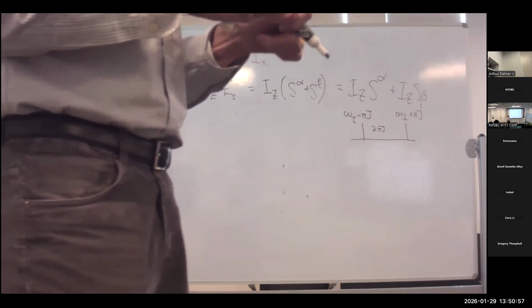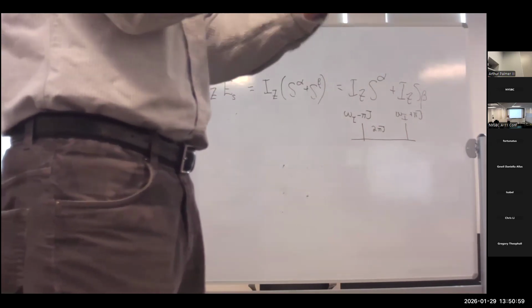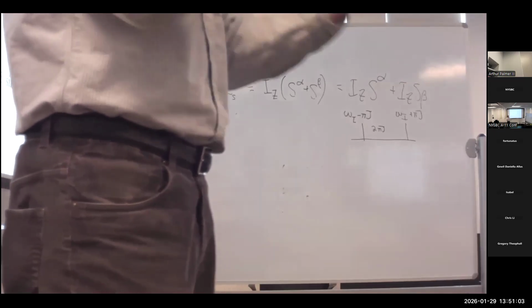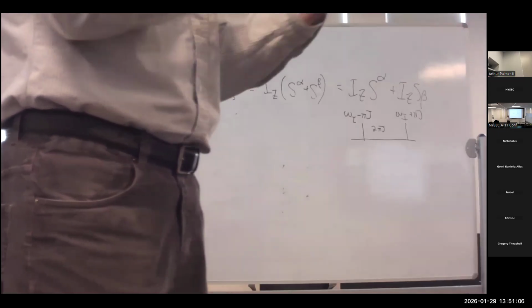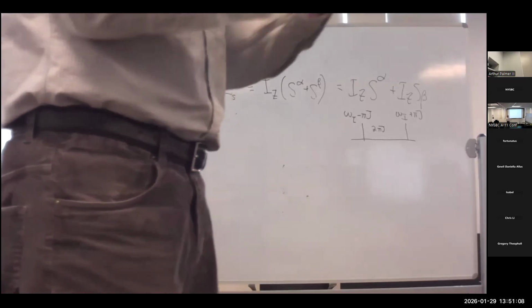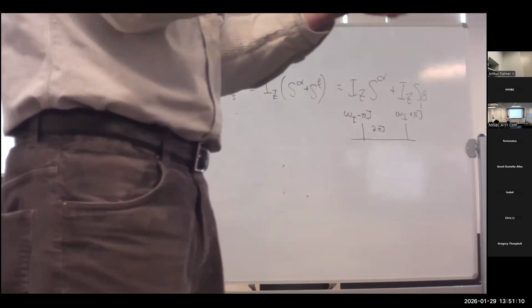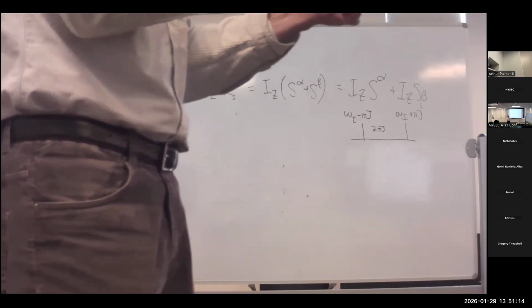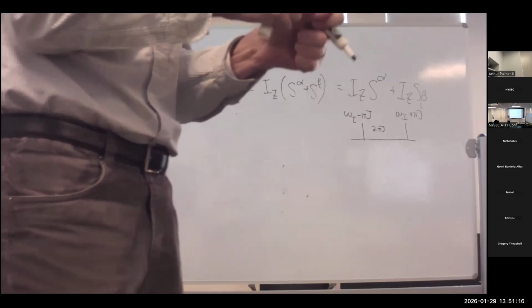We know we're going to see two different frequencies separated by pi J. I just invented this direct product and put these together and said that the identity had to be S alpha plus S beta. But at the end of the day, it tells me what I see on the NMR machine.